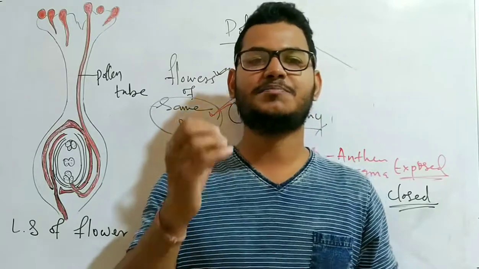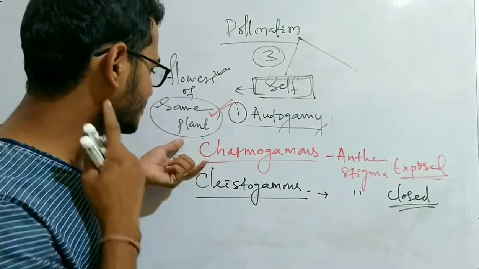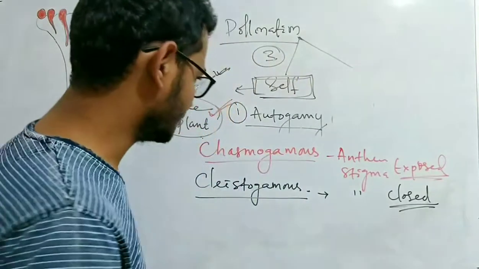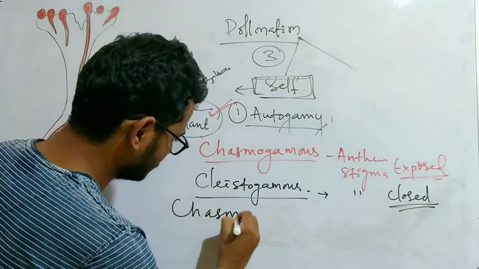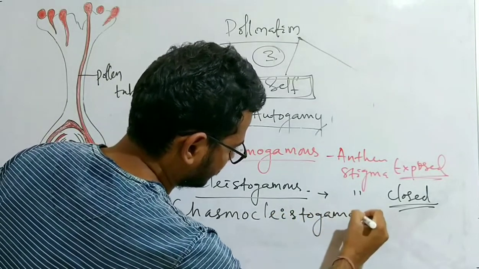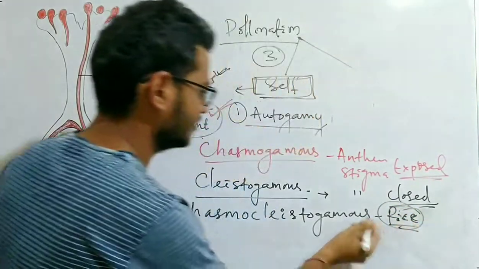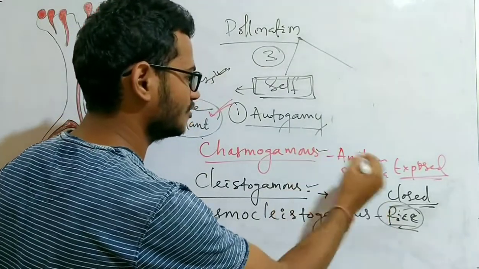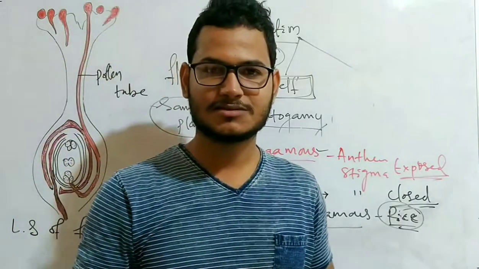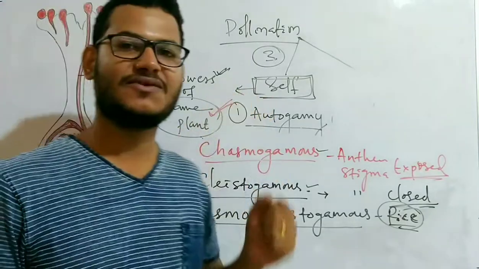Remember, plants bearing both chasmogamous as well as cleistogamous flowers are known as chasmocleistogamous. The well-known example is rice, because it bears both closed type flowers as well as open type flowers. So it is called chasmocleistogamous. So this is all about autogamy, the first type of self-pollination.